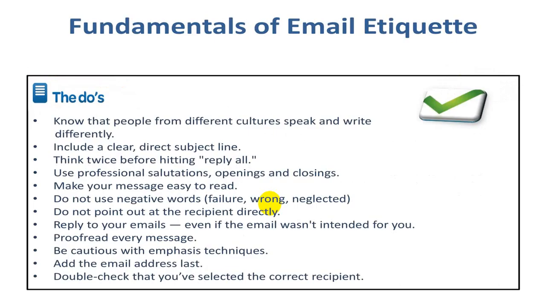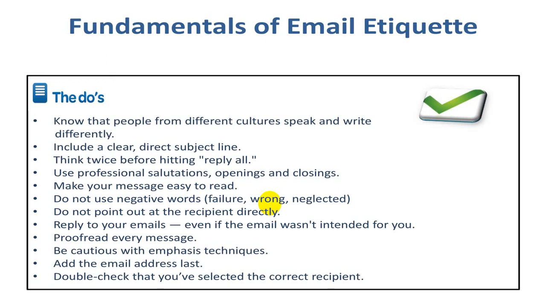Now the do's, what you need to do actually. This is the summary of the email etiquettes. Know that people from different cultures speak and write differently. So you need to think and rethink about sending emails. Include a clear, direct subject line. Think twice before hitting reply all. Use professional salutations, openings and closings.